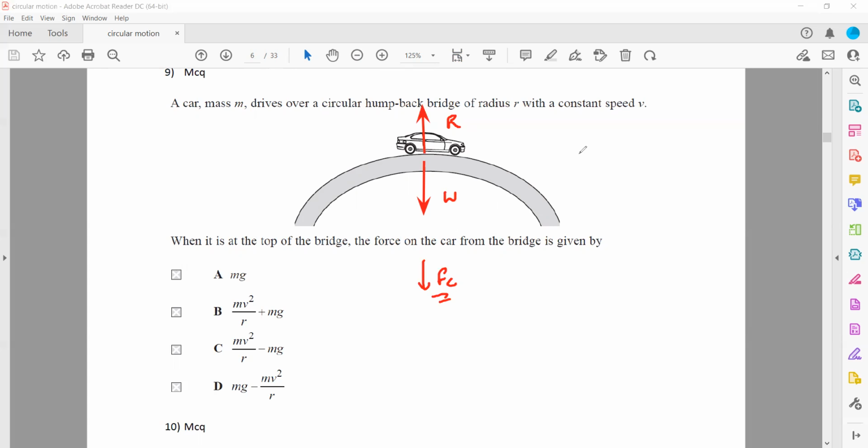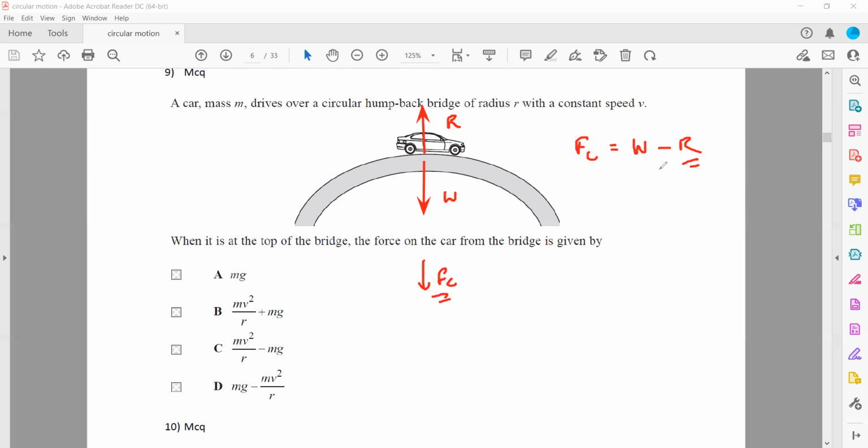So the centripetal force in this case will be equal to weight minus the normal contact force. Why weight minus the normal contact force? Because as it is moving in a circular path, the resultant force must be towards the center. So to create a resultant force towards the center, the weight should be more than R.